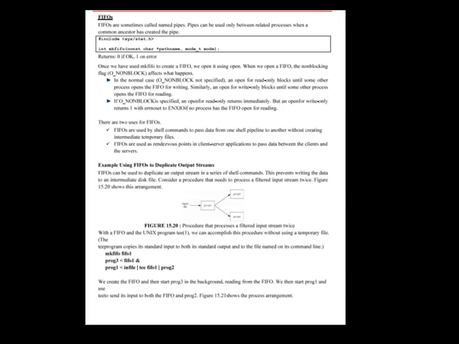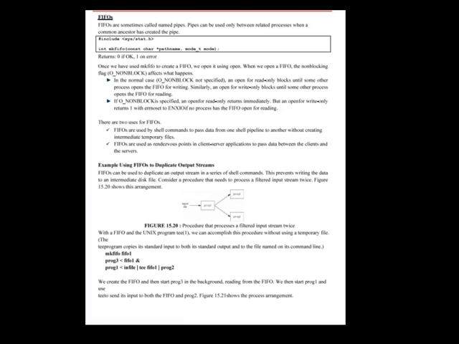If O_NONBLOCK is specified, an open for read-only returns immediately, but an open for write-only returns -1 with errno set to ENXIO if no process has the FIFO open for reading.